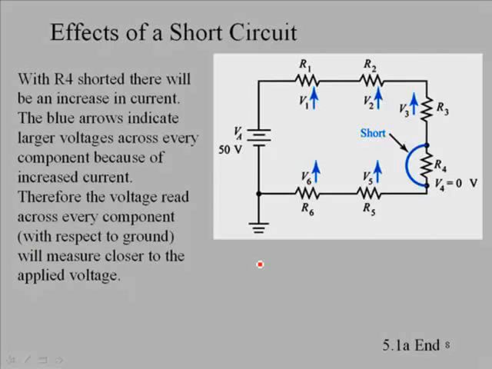I mention this because some summary statements in this chapter say that the voltages across every component will measure closer to the applied voltage. They won't measure the applied voltage, but since every voltage has increased, they will be closer to it.